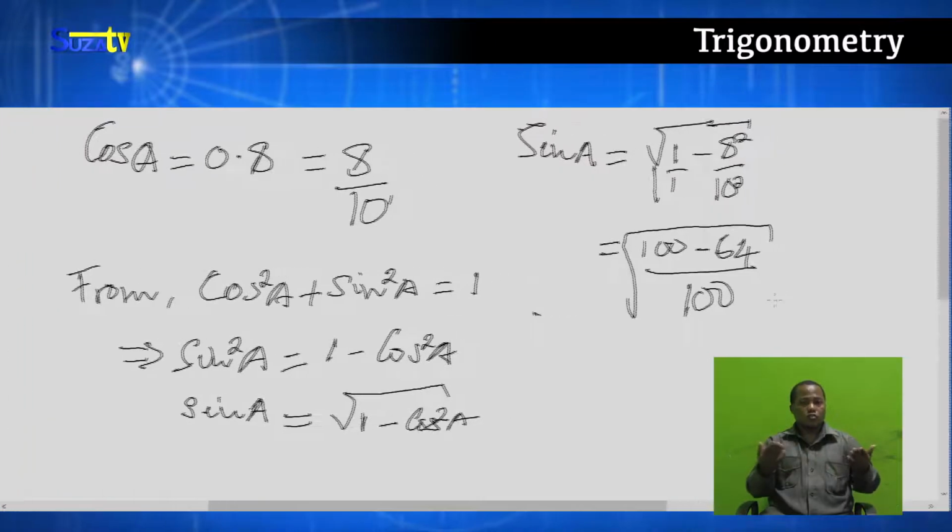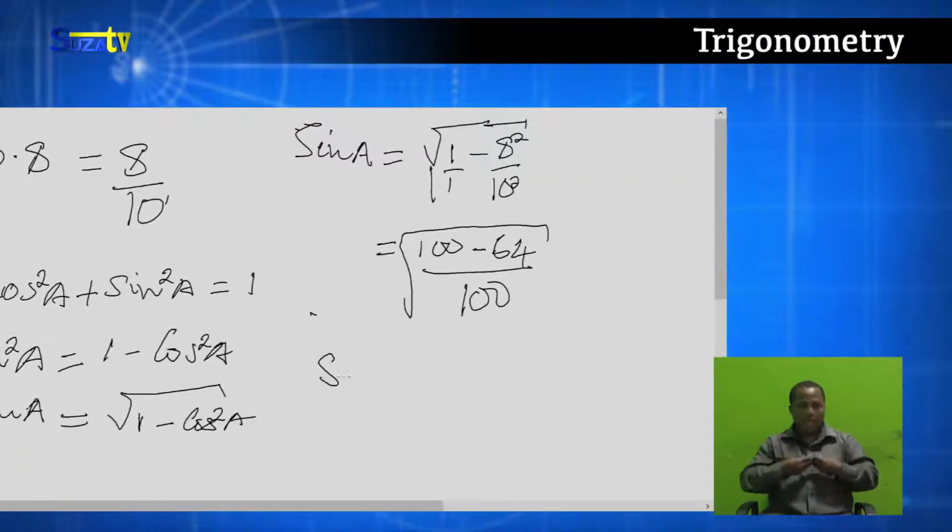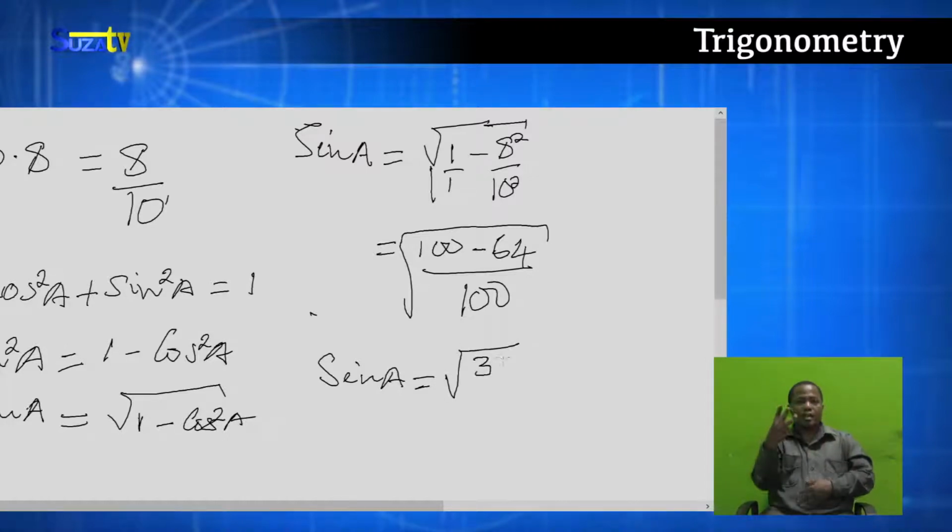So finally we have sine of angle A is equal to, so 100 minus 64 is 36. So we'll have the square root of 36 over 100.